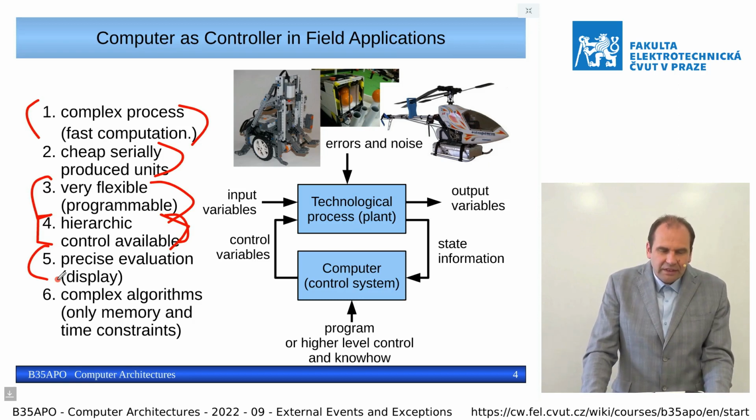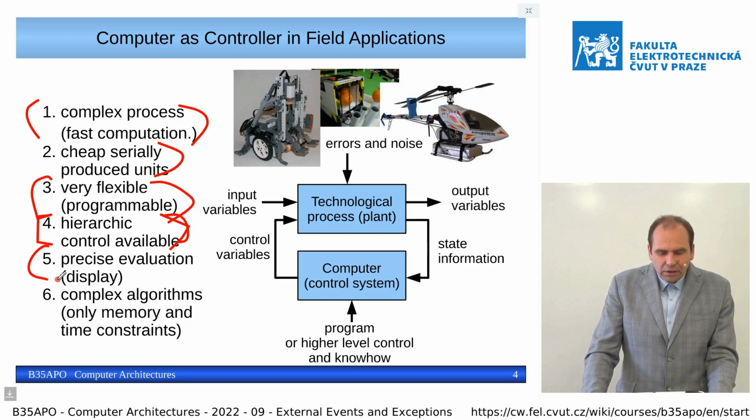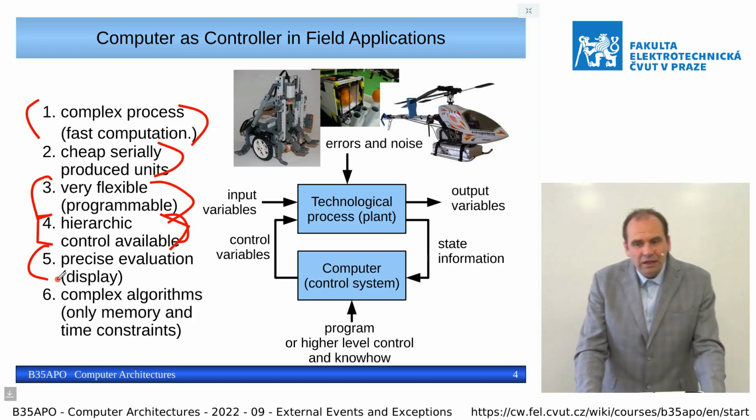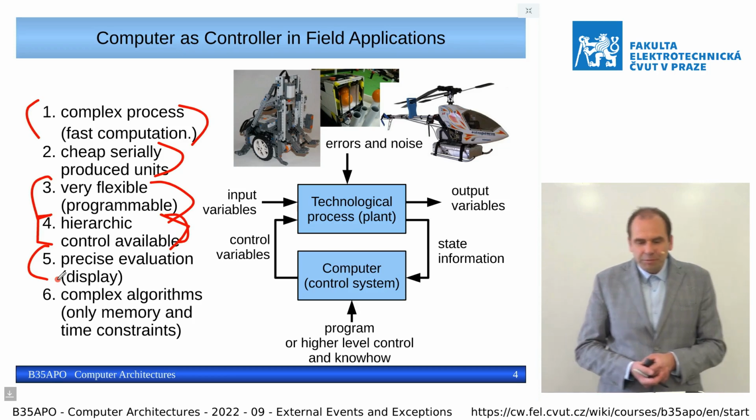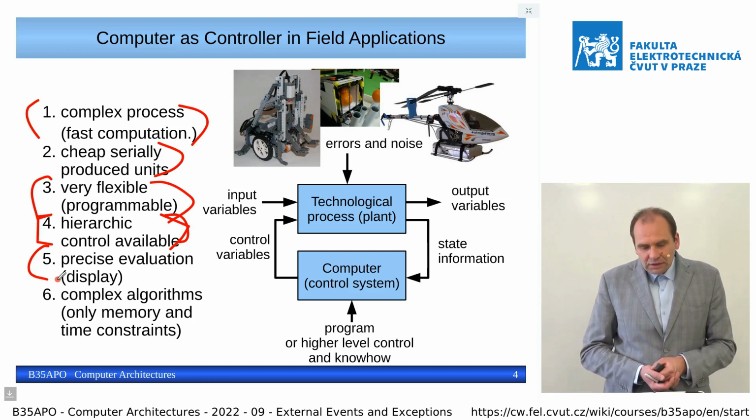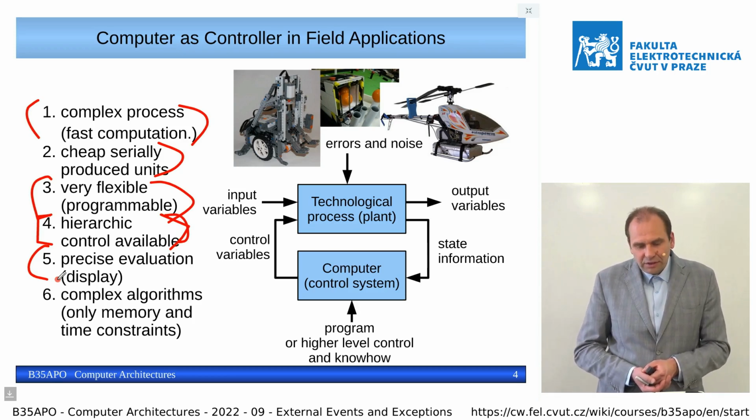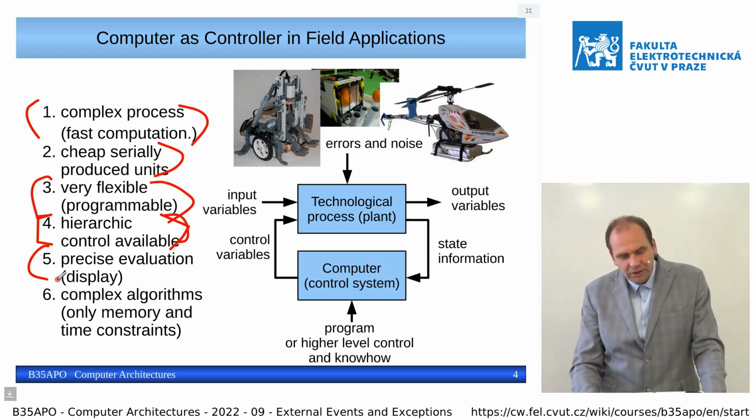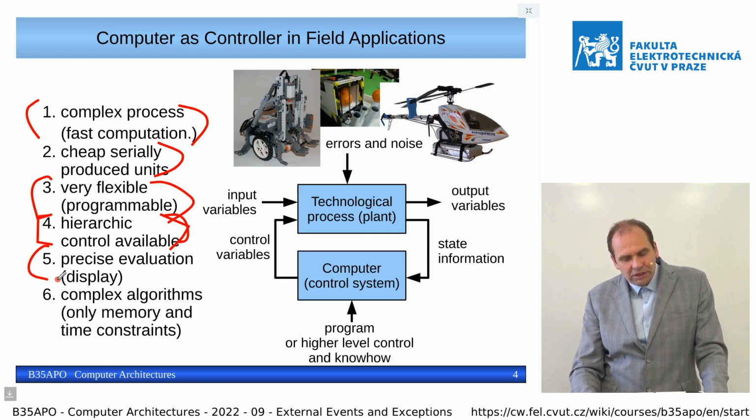On the other hand, if you use analog processing of the process variables, inputs and outputs, then you have the problem that there is noise, and that analog memory is relatively problematic. It forgets the information, the same as, for example, dynamic memory. So digital control has big advantages.